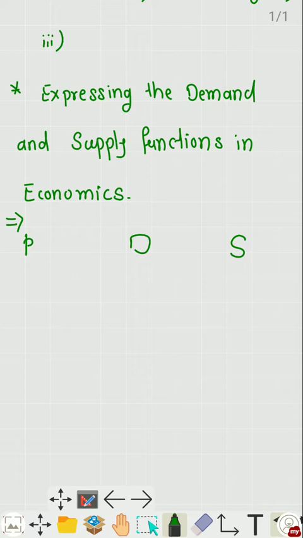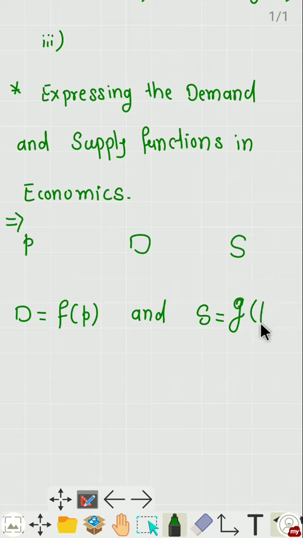Hence, mathematically we write demand and supply as suitable functions of price. That is, we write demand as a function of price, and supply as some function of price.